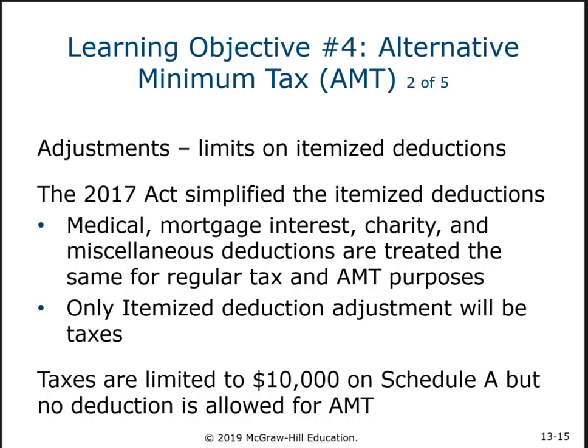So you're going to add those back. Your state and local income and property taxes that are limited to $10,000. So the most you'd have to add back would be $10,000. That's the most benefit you would have gotten, regardless of what you paid in those taxes.